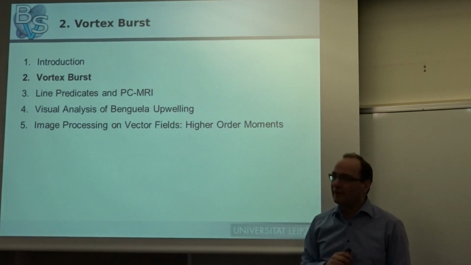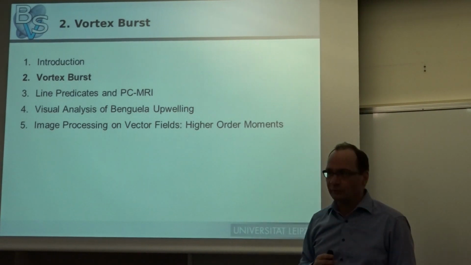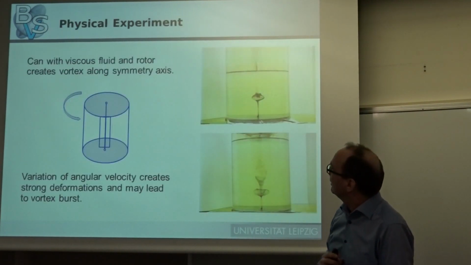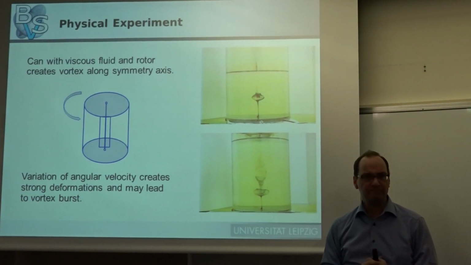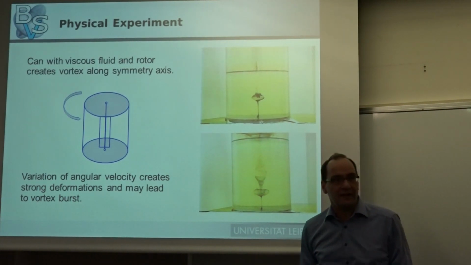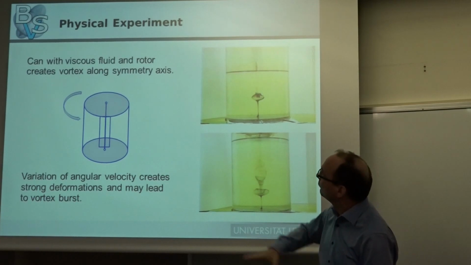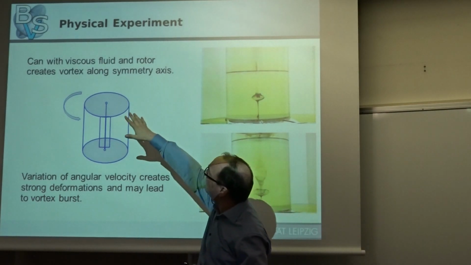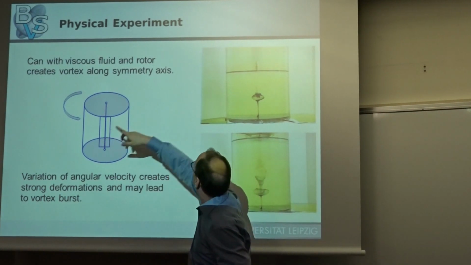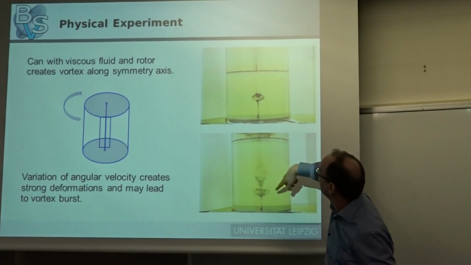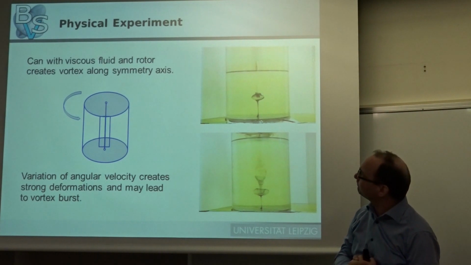We stay with aerodynamics, but we go up into the air here. First of all, vortex burst is a physical phenomenon, and of course there's a classroom experiment for that. You take a can with a viscous fluid or cylinder and a small rotor behind here. Here you can see the actual physical experiment.